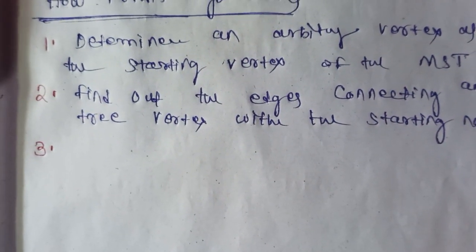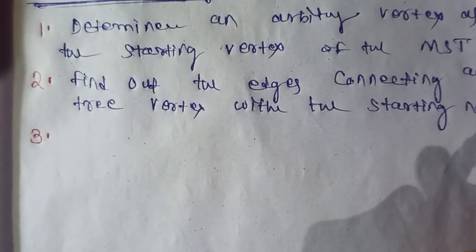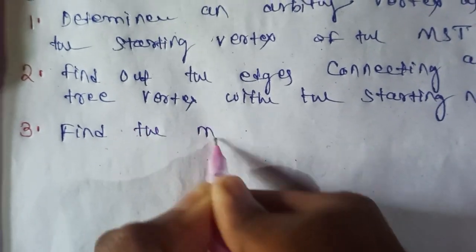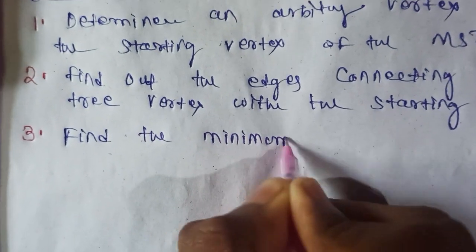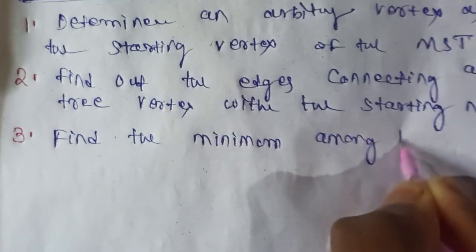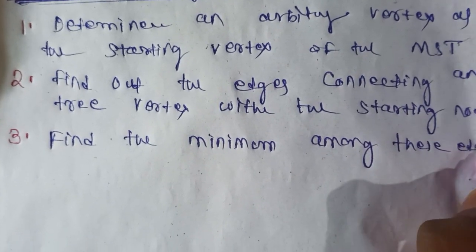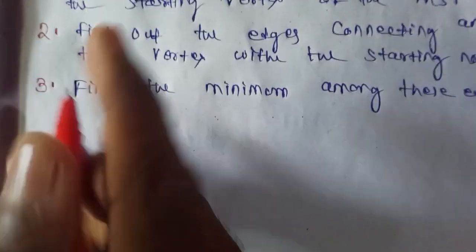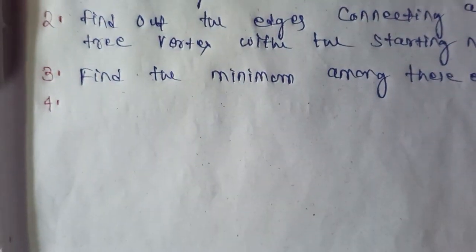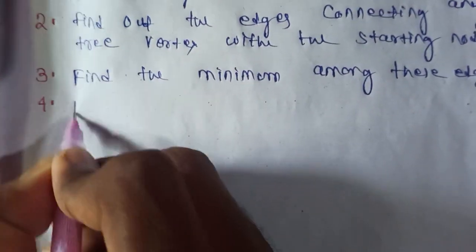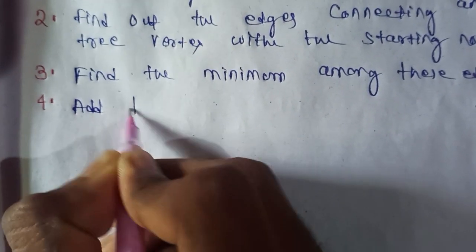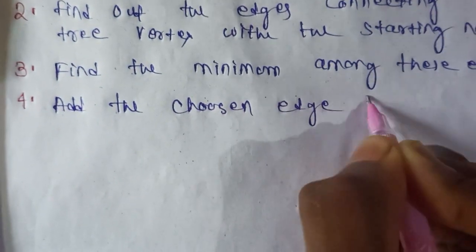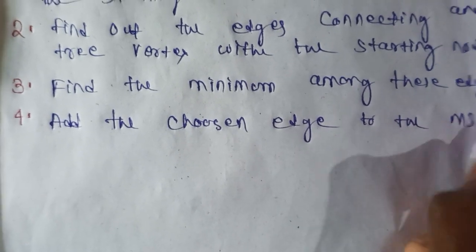Then step number 3 says we find the minimum among these edges. Find the minimum of these edges. Then step number 4 says add the chosen edges to the MST.